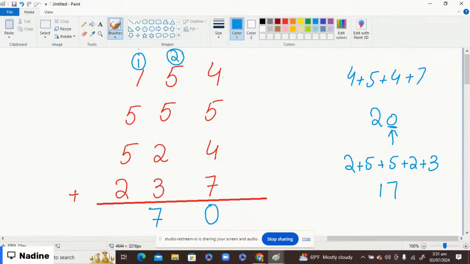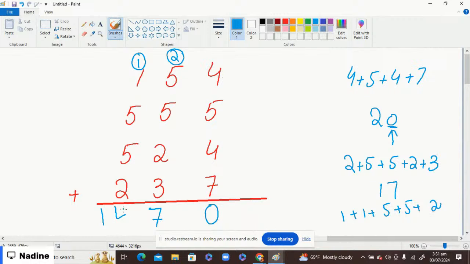Now let's add this one. 1 plus 1 plus 5 plus 5 plus 2. Let's write it here. 1 plus 1 is 2. 2 plus 5 plus 5 is 12, plus 2 is 14.